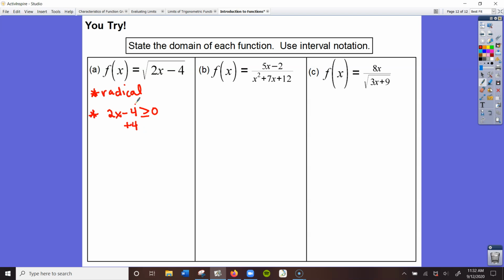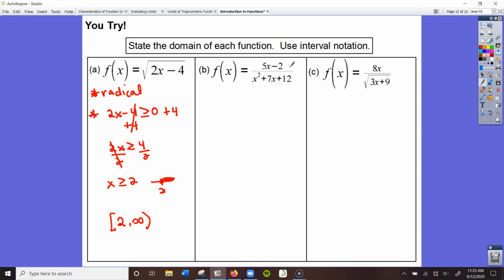So we can add 4 to both sides, and we get that 2x is greater than or equal to 4. Then divide the 2, and we get that x is greater than or equal to 2. Put that on your number line if you choose to do so. We start at 2, go towards infinity, so my domain would be bracket 2 to infinity.